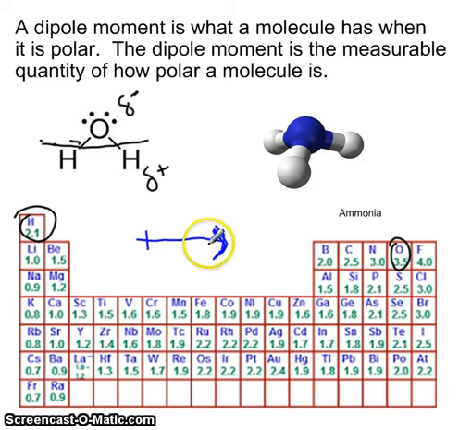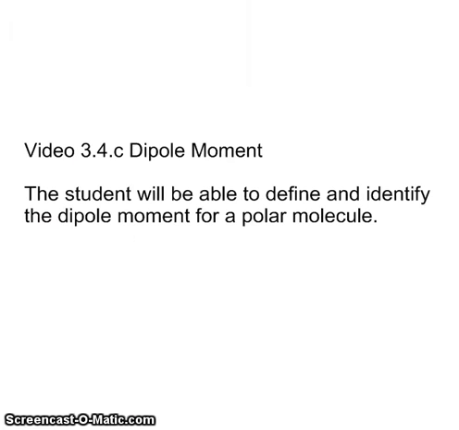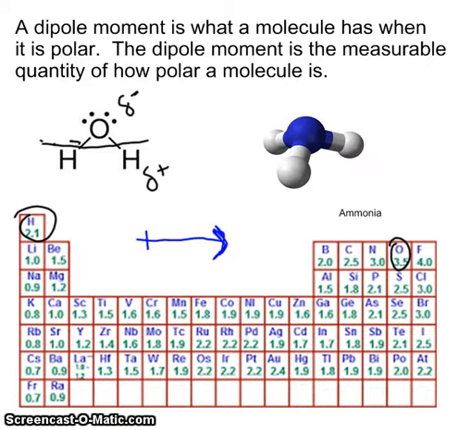But for our purposes, let's just keep it as an arrow with a little plus sign at the bottom. So for the water molecule, the arrow will be pointing straight up here, and that's a positive charge down here.